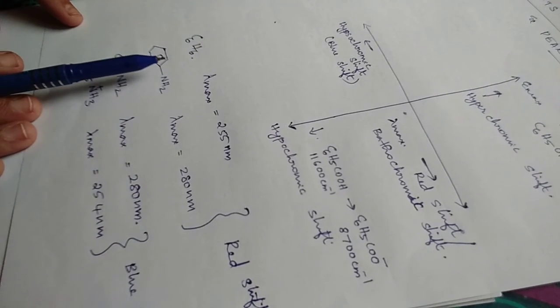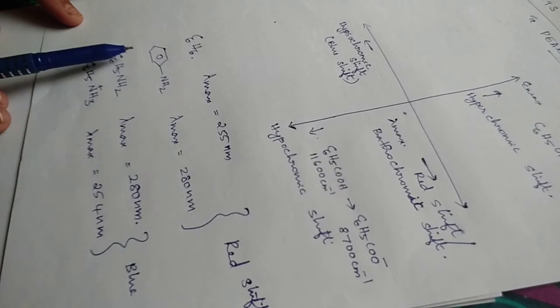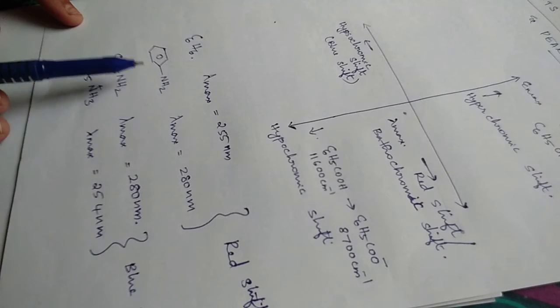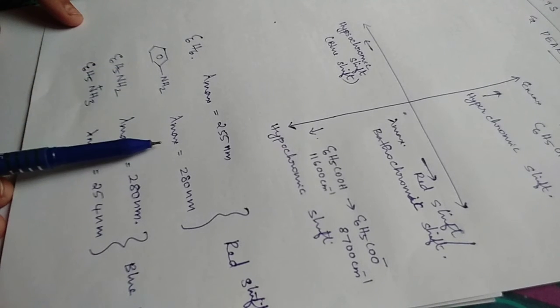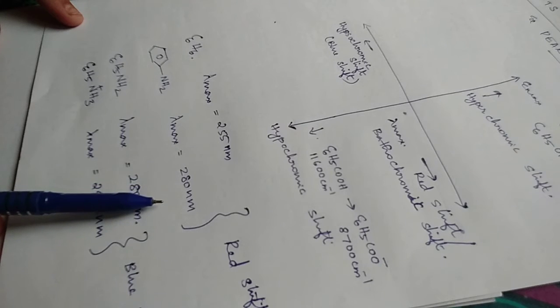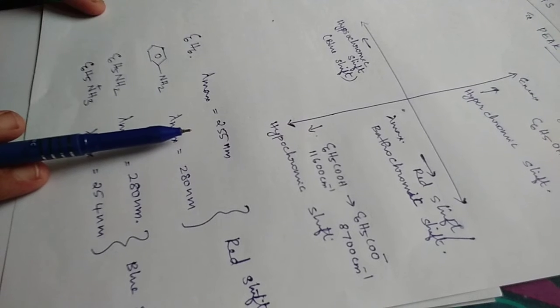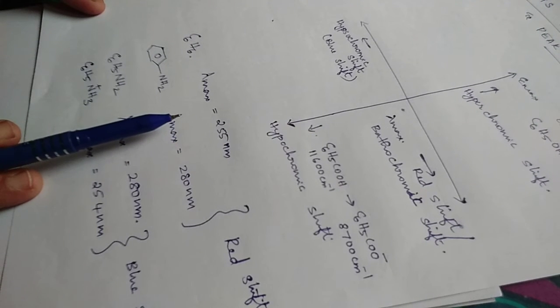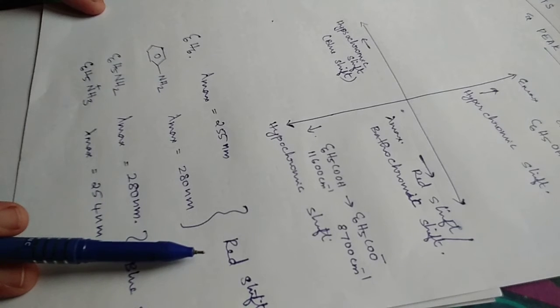So when the hydrogen is replaced by NH2, that is it becomes aniline, there is an increase in the lambda max, and it is known as the red shift or the bathochromic shift.